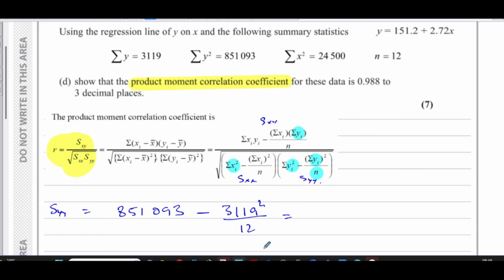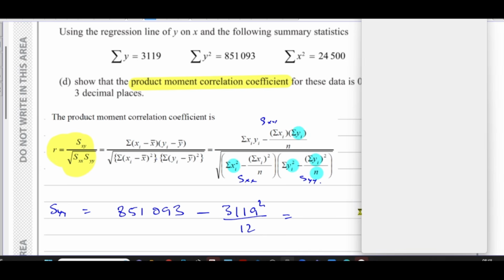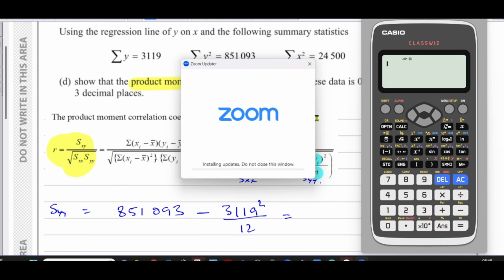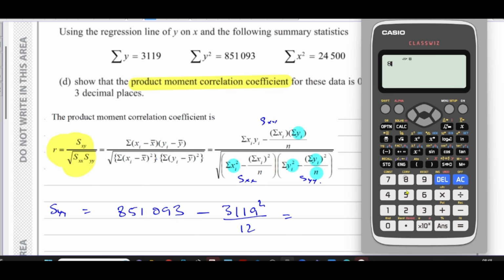That's going to give us SYY. So you have 851,093 minus 3,119 squared divided by 12.